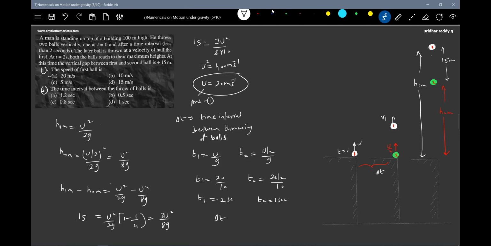So what is delta T? Delta T will be the certain time after which the other ball is thrown. So the delta T should be equal to T1 minus T2. So this is the time interval. Already I have written. So this is our answer for the second one.